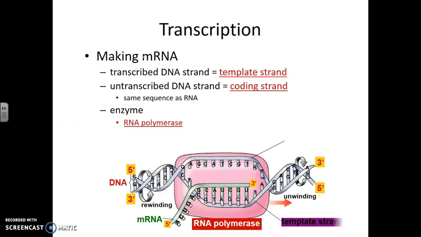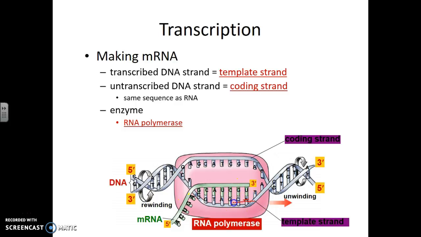So first of all, there are two strands of DNA. One strand is called the template strand, and that's the strand that is copied into RNA. Down here, the all green molecule is the mRNA.